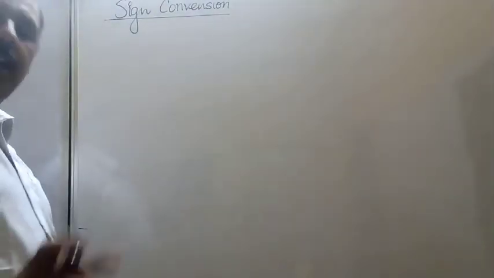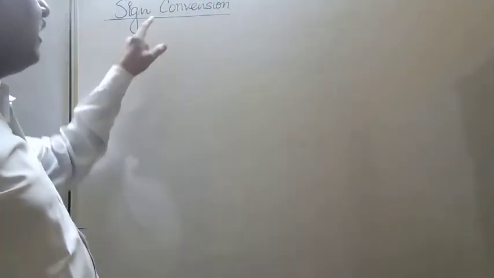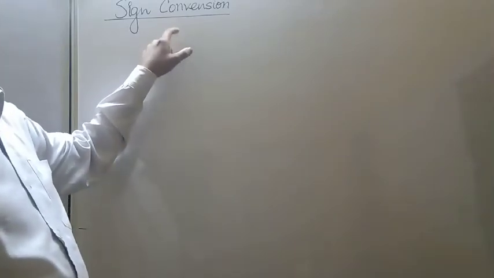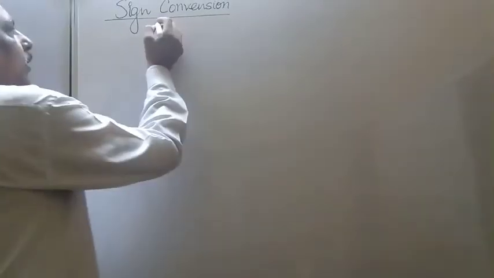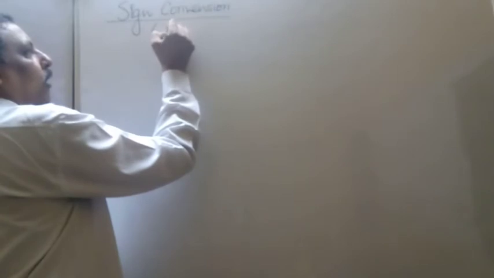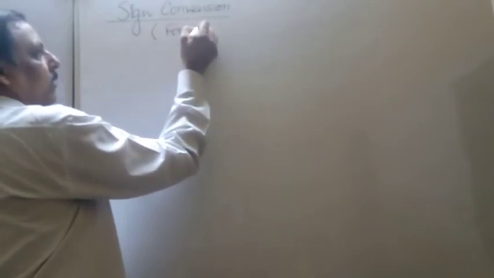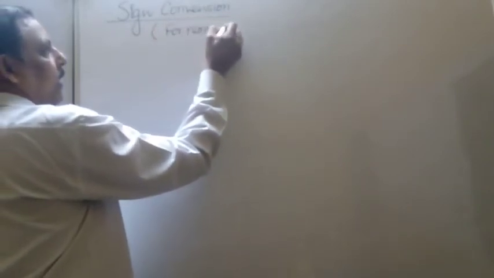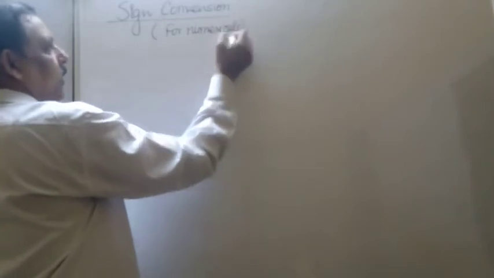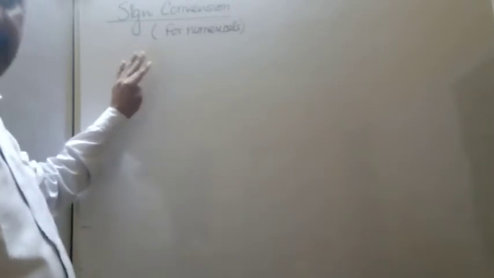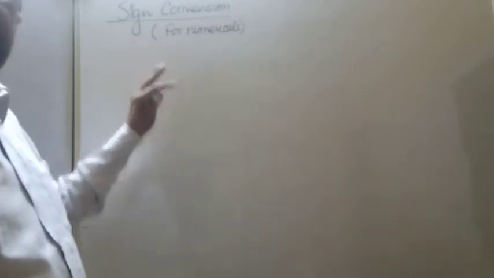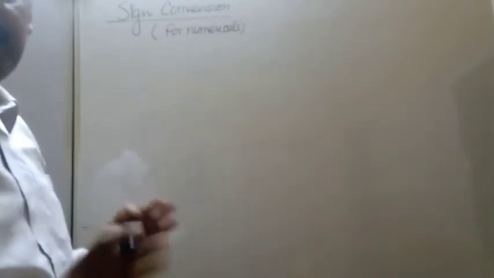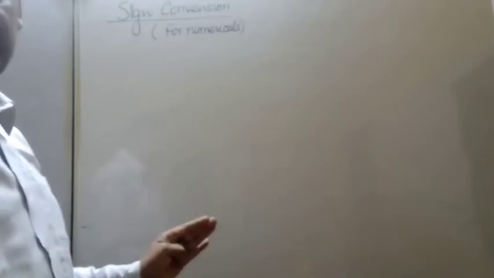For each and every student, this sign convention is very, very important, because this is for numericals. To solve the numericals, we have to consider the sign convention. Without it, we cannot solve any problem or question.